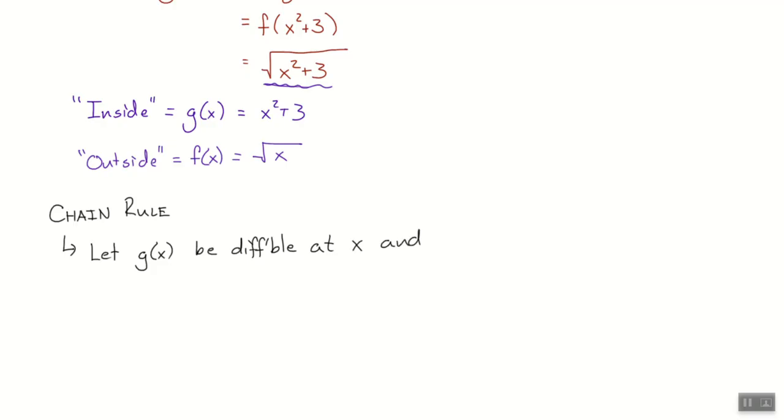And more than that, we're also going to make sure that f of x is differentiable at f of g of x. Okay. In this situation, we then can take the derivative. And we're going to see it in two notations. We're going to see the prime notation, but we're also going to see the Leibniz dy dx notation.